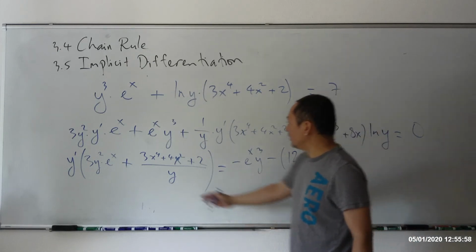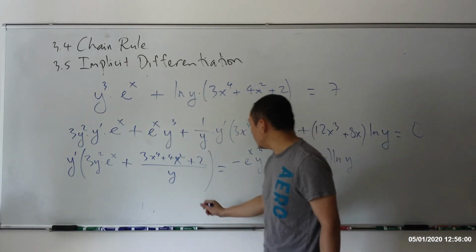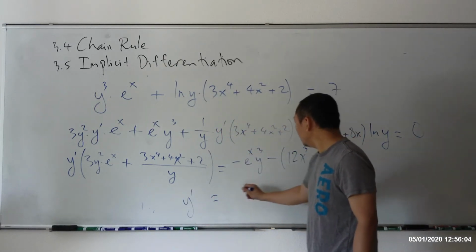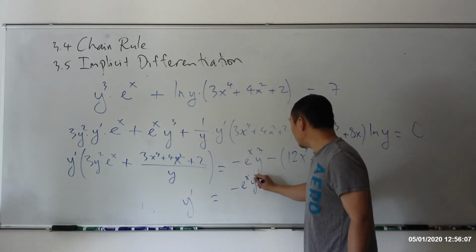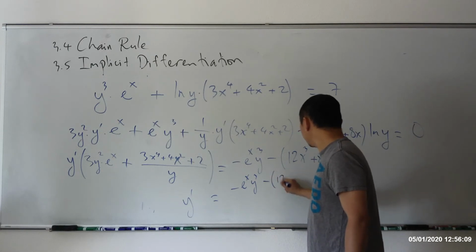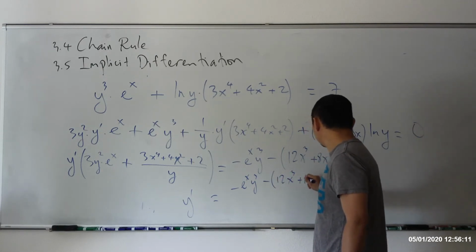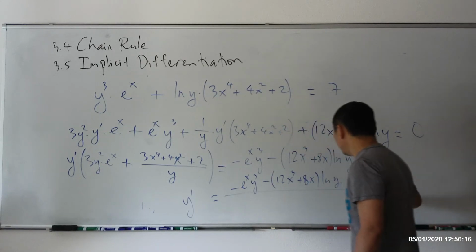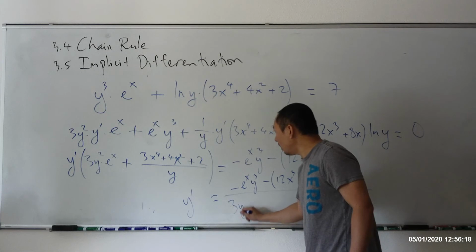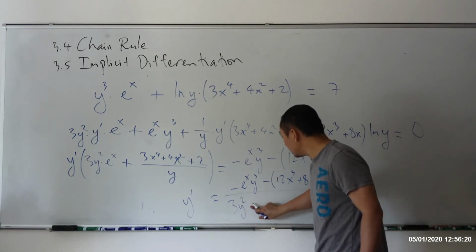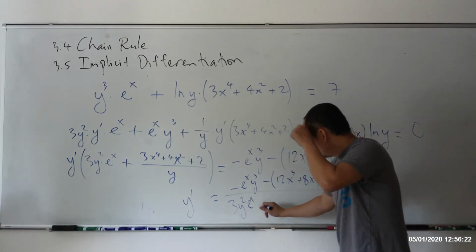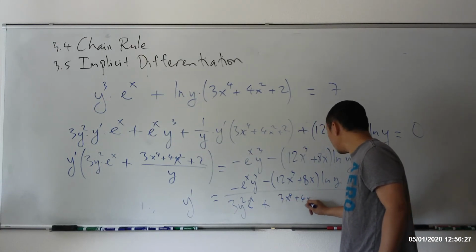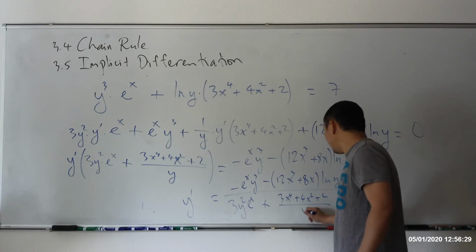Okay, last step, divide both sides by whatever you have in parentheses. So y prime will be equal to negative e to the x, y cubed minus 12x cubed plus 8x times ln of y, everything divided by 3y squared e to the x plus 3x to the 4 plus 4x squared plus 2 over y in here.